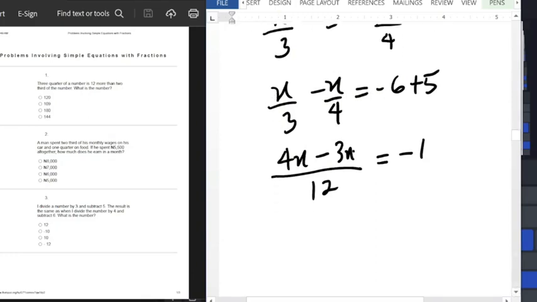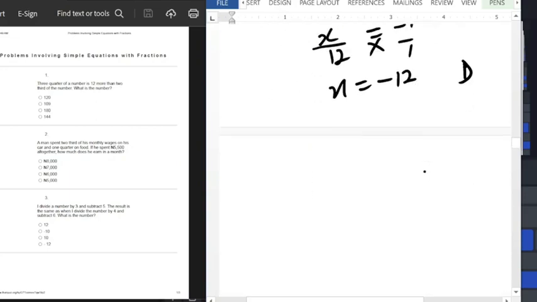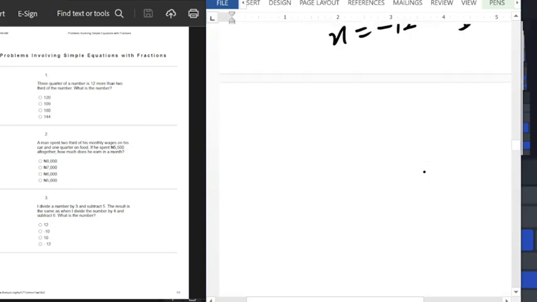So 4x minus 3x is x over 12 equals to minus 1 over 1. That means x is equal to minus 12. So the answer is D. That is D. So we'll go to the next question, question 4.